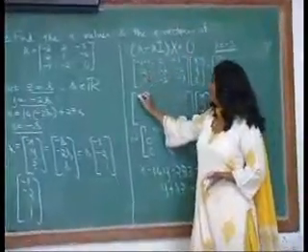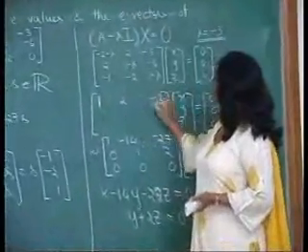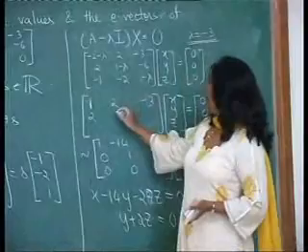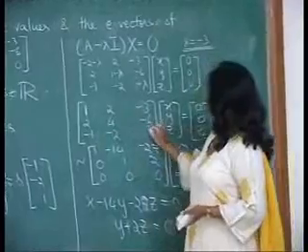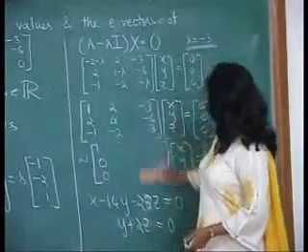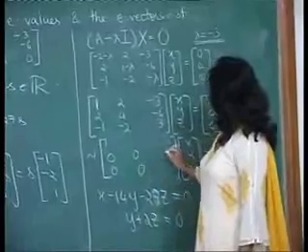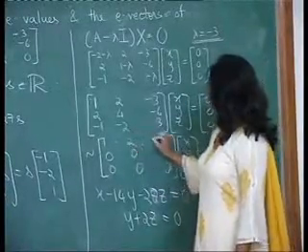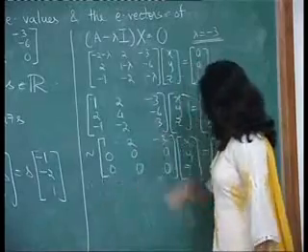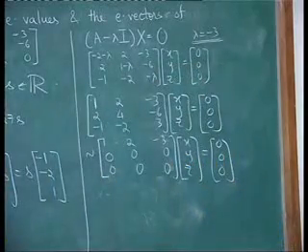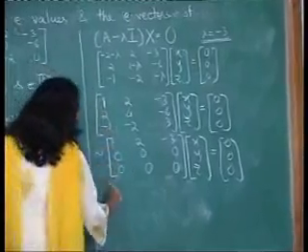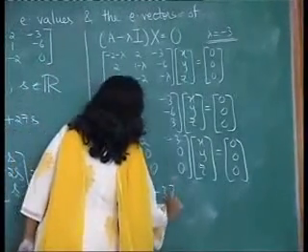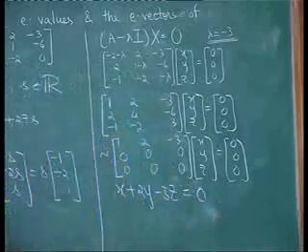I'll get -2 plus 3, 1, 2, -3, then 2, 4, -6, -1, -2, 3. And after I reduce this to the echelon form, I think I'm going to get this. Let me confirm. Yes. So after reducing this to the echelon form, this time we are left with only one equation.